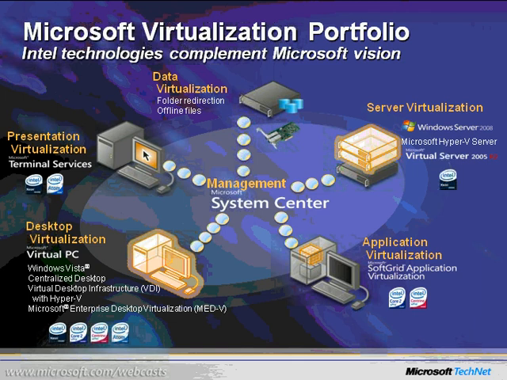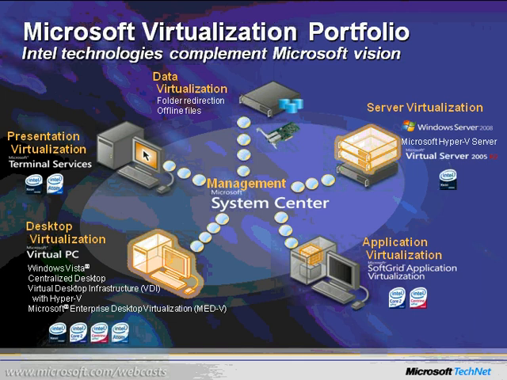Starting in the lower left-hand corner of our slide, we have desktop virtualization, or the ability to run multiple desktop operating systems on a single physical platform. And there's many different ways of being able to deliver that virtualized desktop in the Microsoft portfolio. We can deliver it on existing workstations using Microsoft's Virtual PC technology.